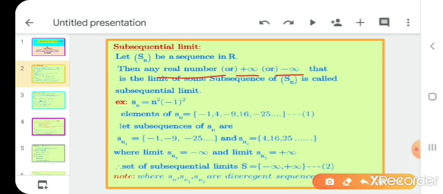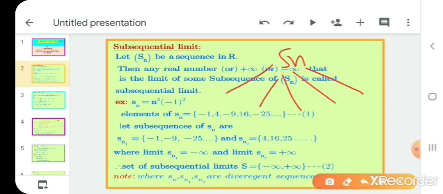See here, Sn is a sequence. Then any real number, plus infinity or minus infinity, that is the limit of some subsequence of Sn, not of the sequence Sn itself, is called a subsequential limit. First we write a sequence Sn.